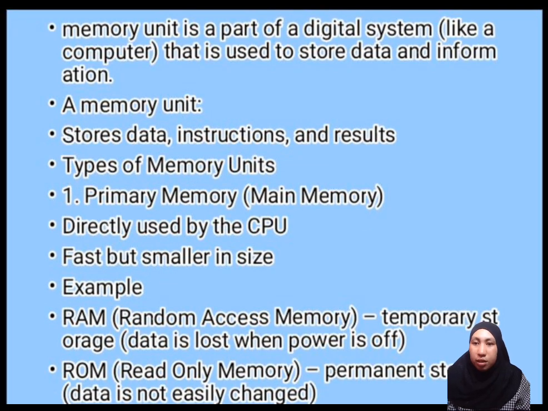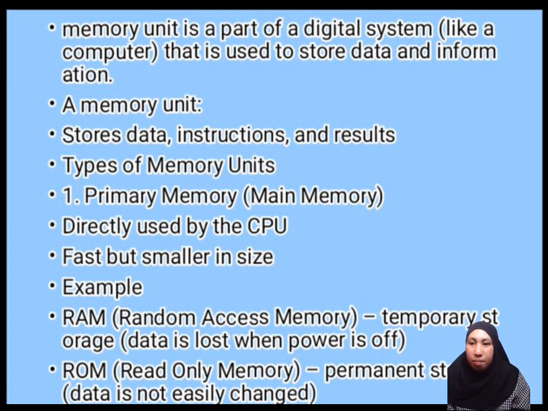A memory unit is a part of a digital system like a computer that is used to store data and information. Types of memory units: primary memory, or main memory, is directly used by the CPU but smaller in size.